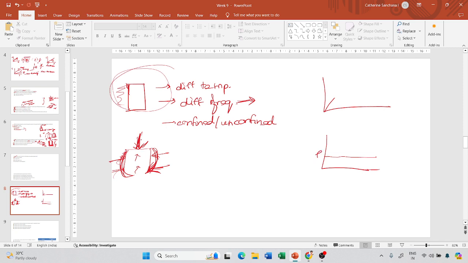I cannot capture the influence of frequency then. So in order to capture the influence of frequency, I have to apply continuous cycles of loading, where frequency can be said as number of cycles per second, something like that. Okay, so now which type of loading will actually represent what is happening in the field?